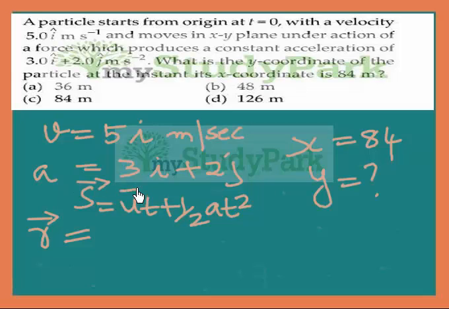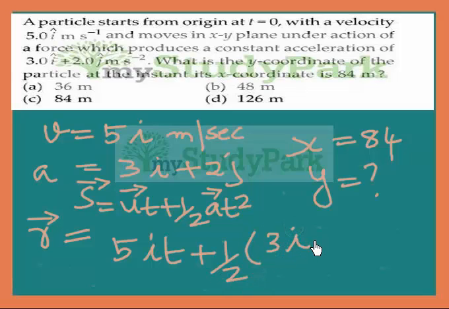S bar is nothing but your r bar, equal to u bar t plus half a bar t square. So in this case, you have r bar equals 5i into t plus half into 3i plus 2j into t square.